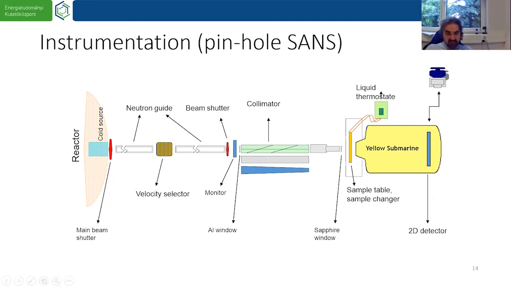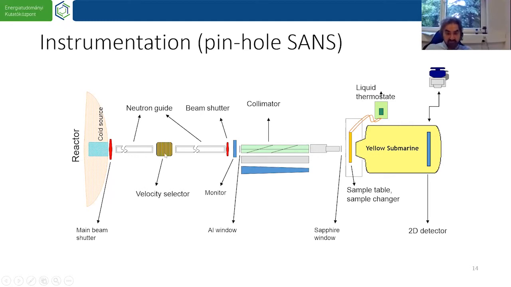And the next element is the velocity selector. The velocity selector is basically a monochromator. It selects a neutron band of a definite wavelength, and this definite wavelength allows us to know from calculation the momentum transfer after the scattering event.